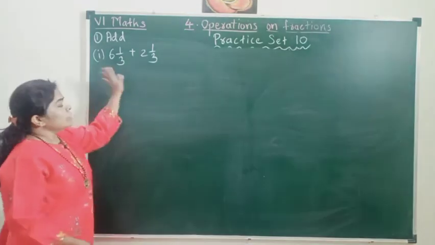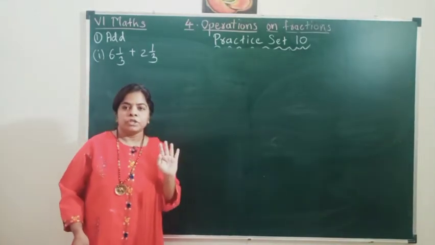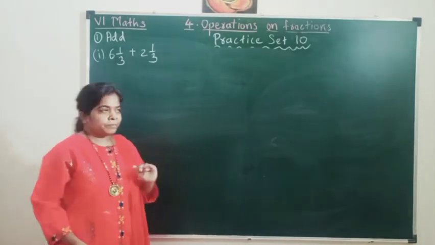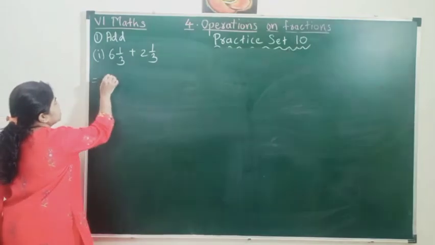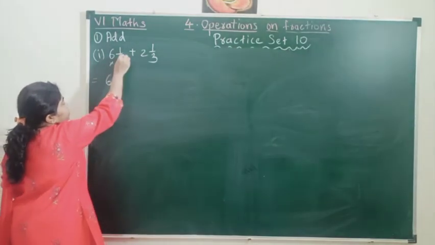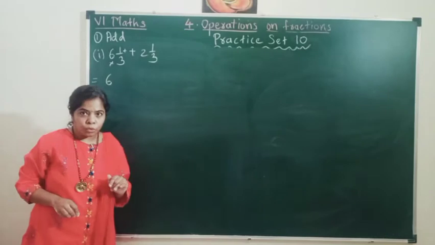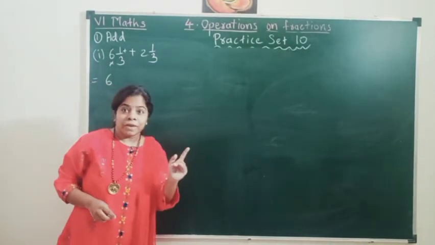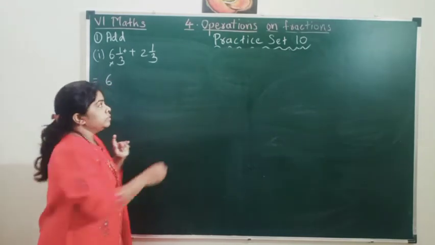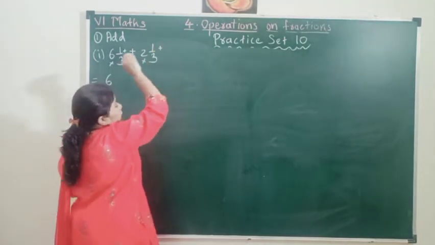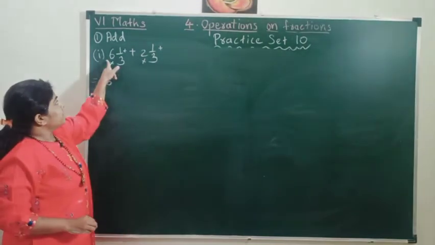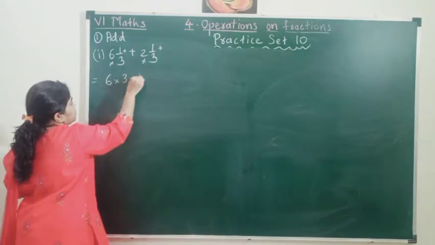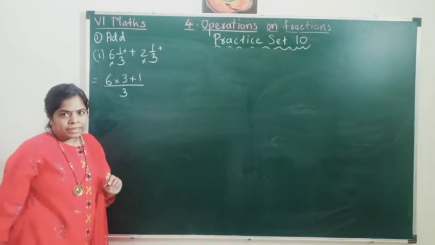So first I am going to convert these mixed fractions into improper fractions and then I am going to add them. Into and plus, as we know. Here also I am going to write the same sign because I want to convert mixed fraction into improper fraction. Into and plus here also. 6 into 3 plus 1 upon 3.